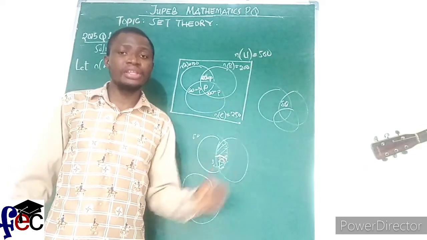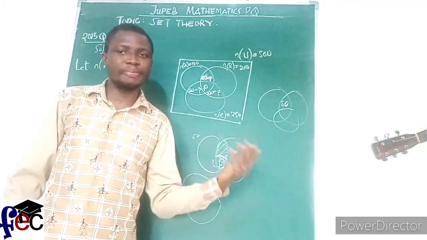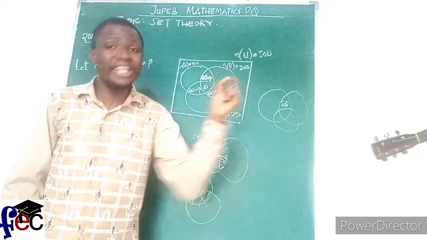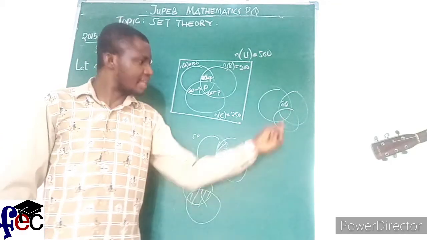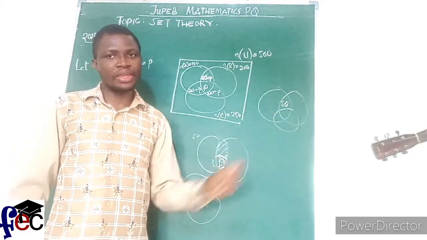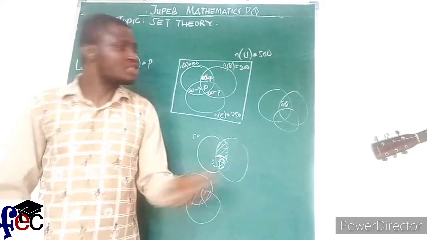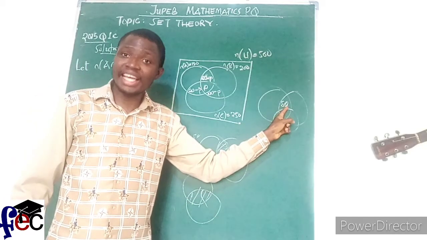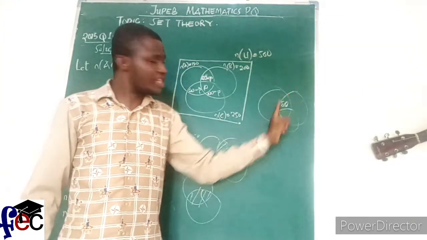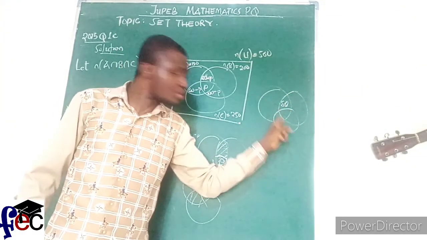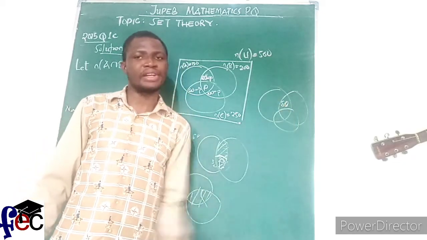If the statement had been those that voted for party A and B only are 80 in number, then you would be correct to write it this way. But since "only" is not present, you cannot write it this way. That 80 is for everything inside this region, for which part of it is P. So you have to subtract that P to know what this remaining part will be.